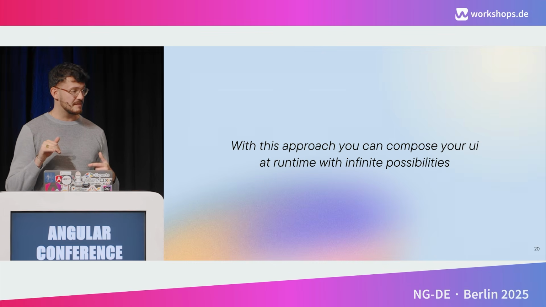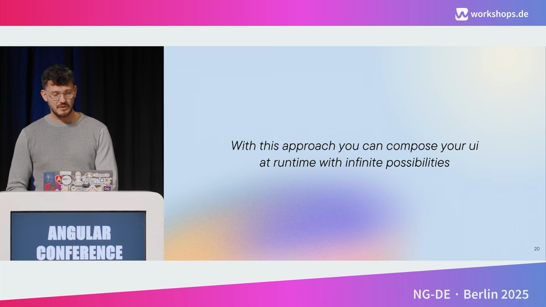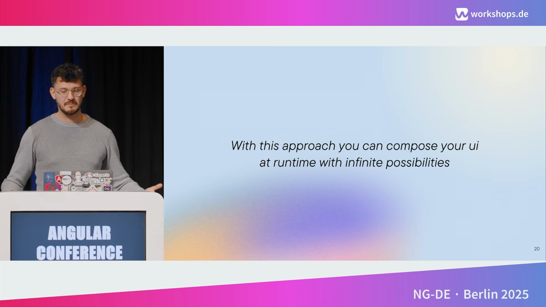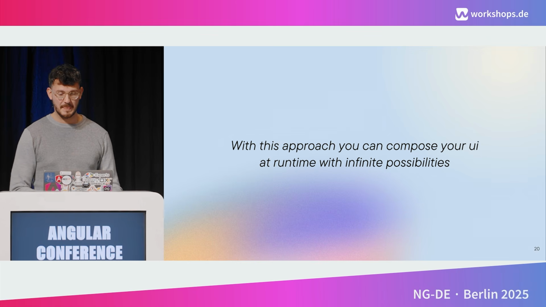So with this approach, you can compose your UI at runtime with infinite possibilities. You can have maximum performance by lazy loading all the directives you want to compose, etc. And of course, you can also have input and output binding, which is very convenient when you want to create dynamic components and dynamic directives.